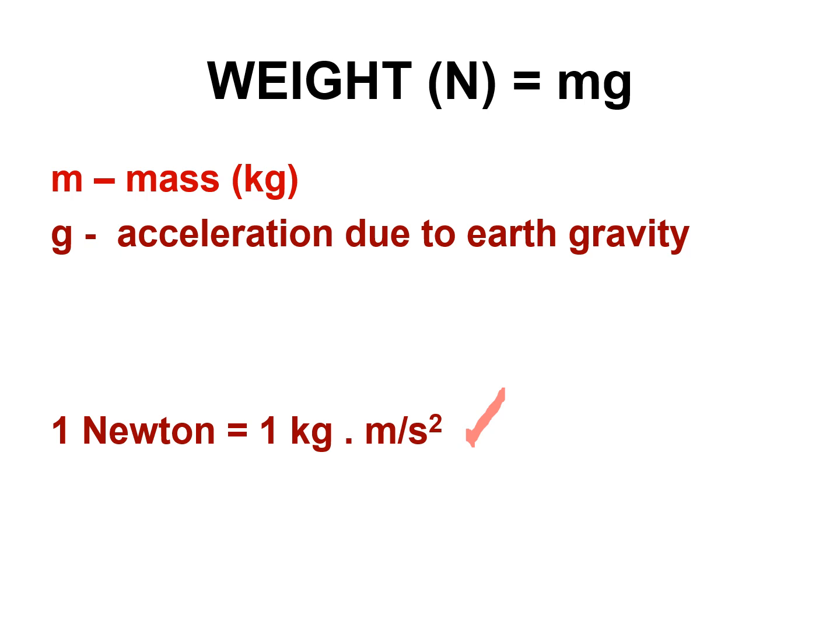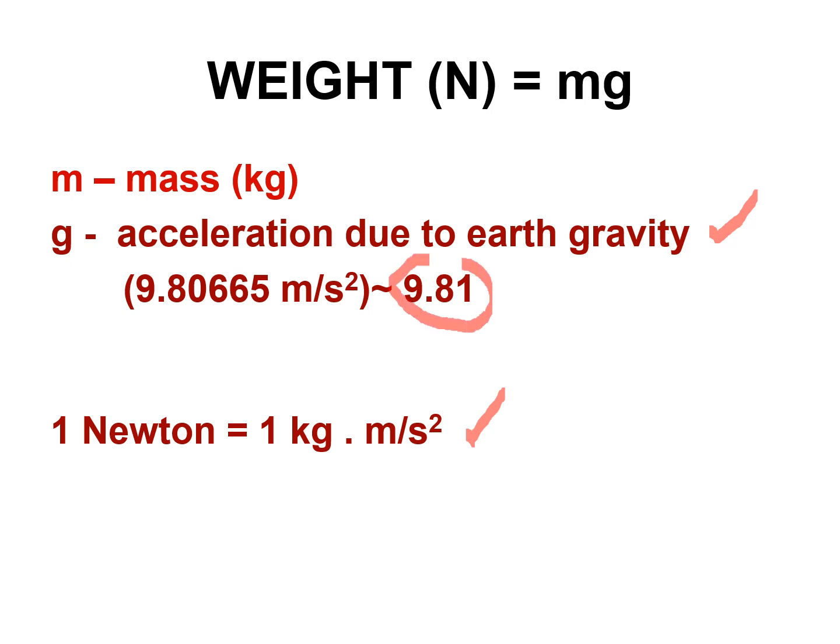We're talking about Earth right now, where we are living. For the gravitational pull of Earth, you can use 9.81. You don't have to use the longer version, 9.80665 meters per second squared. You can use 9.81.